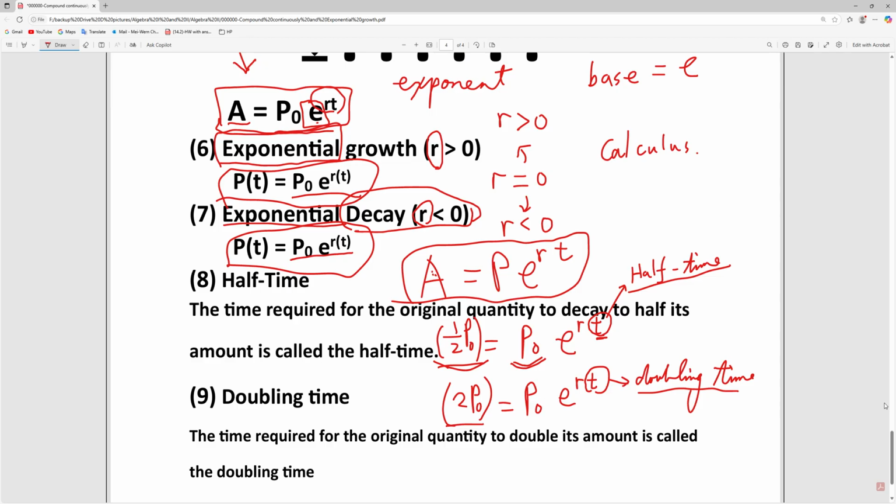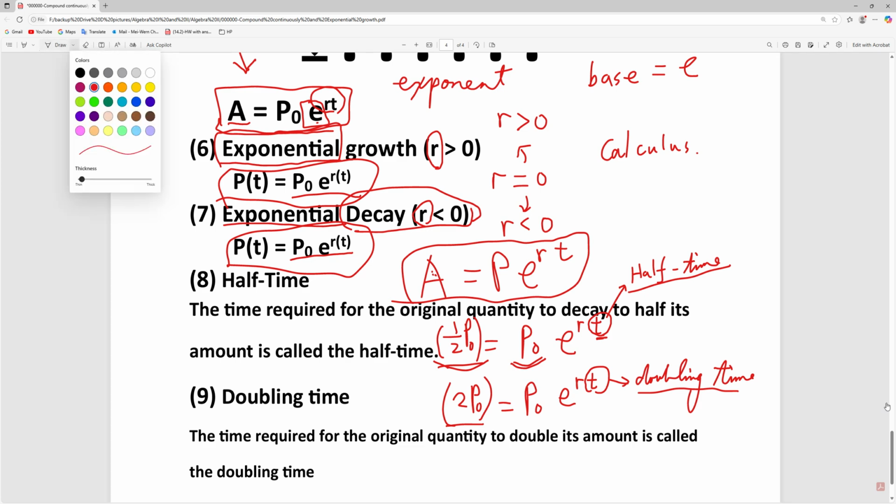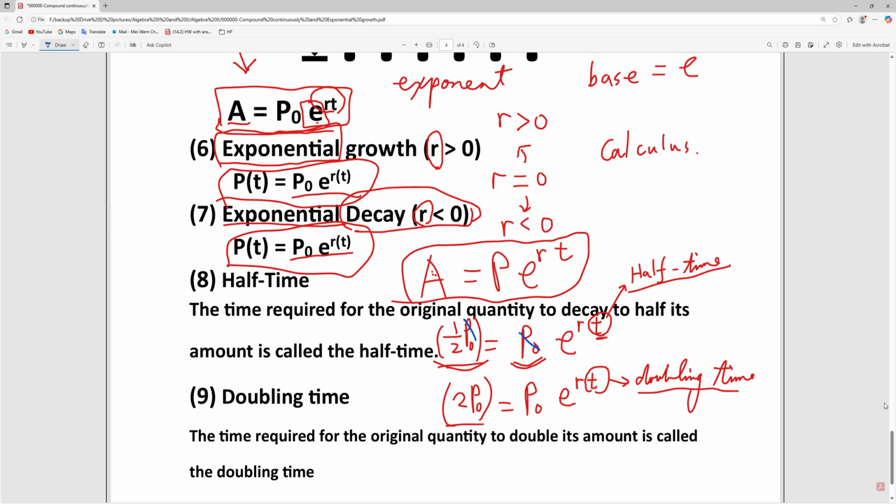Now let me show you the formula, but you don't need to memorize the formula. Okay, so let me change color. Okay, so how do I deduce the formula? I divide by P0. So I have half equals e^(RT).